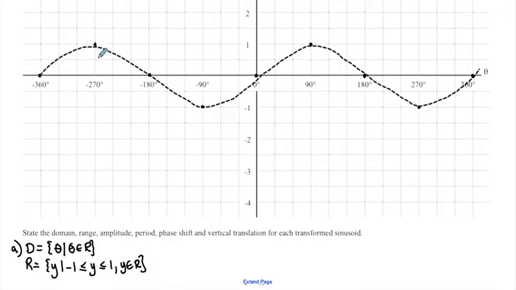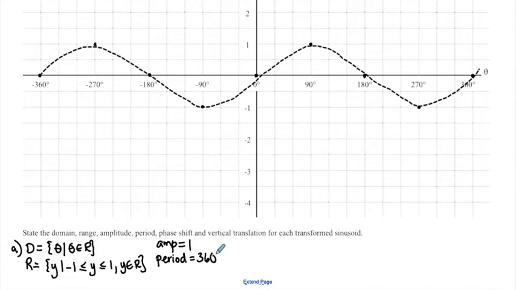When we're looking at the amplitude, it's the height of one of those sections of our curve. So we have an amplitude of 1. From that central axis, we either go up 1 or down 1. So our amplitude is 1. We have a period which is 360 degrees.